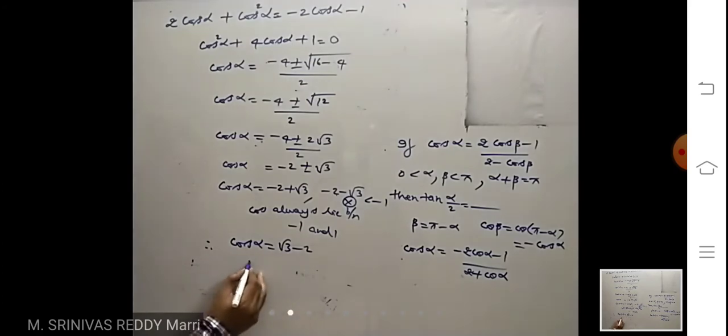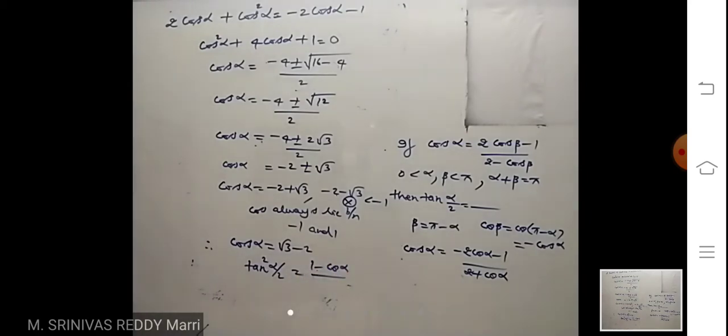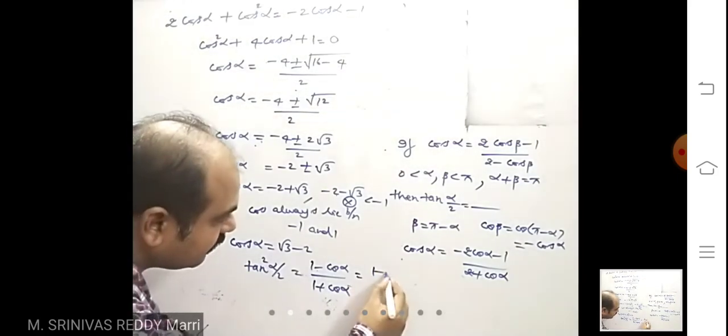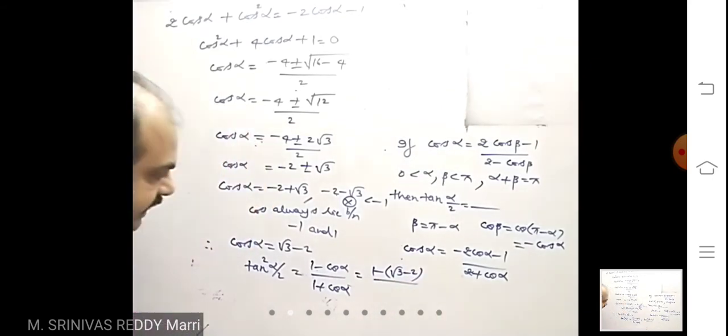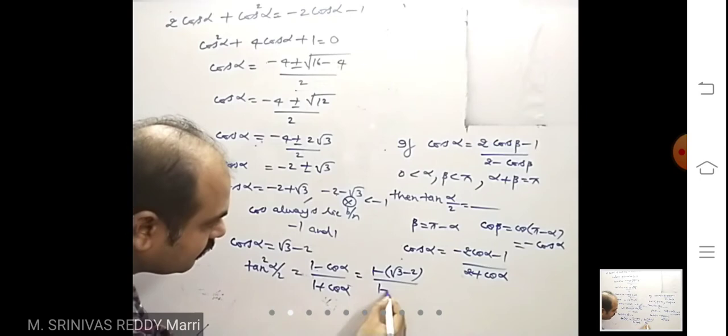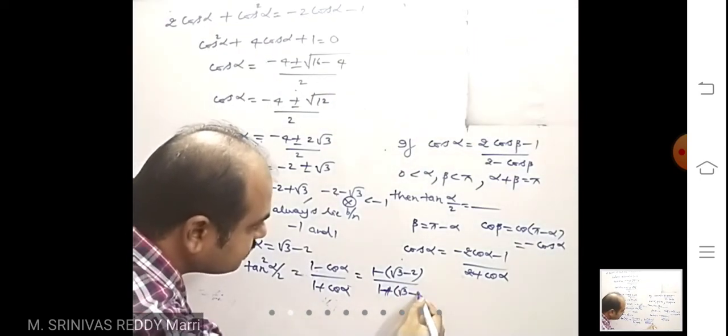Now we know the formula for tan square alpha by 2. Tan square alpha by 2 is nothing but (1 minus cos alpha) divided by (1 plus cos alpha). If you write that, 1 minus (root 3 minus 2) divided by 1 plus (root 3 minus 2).